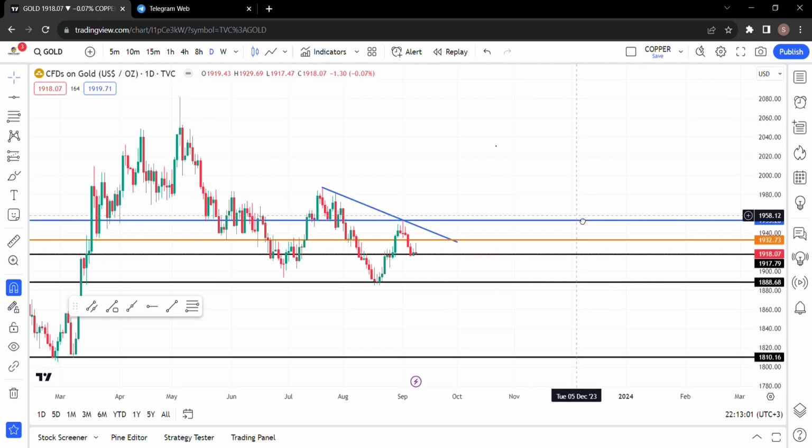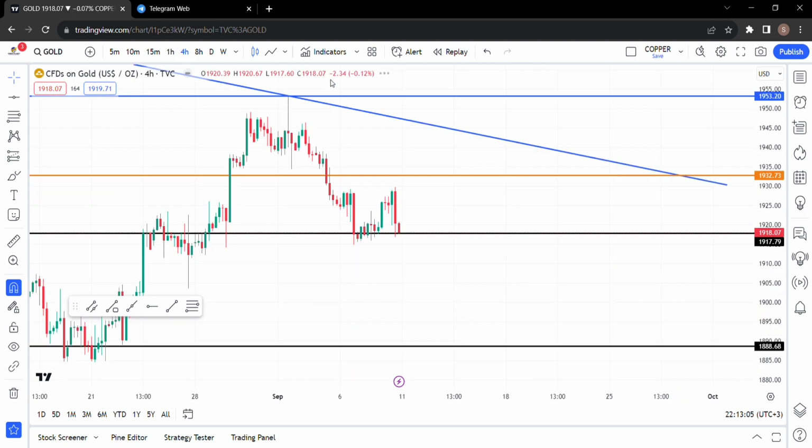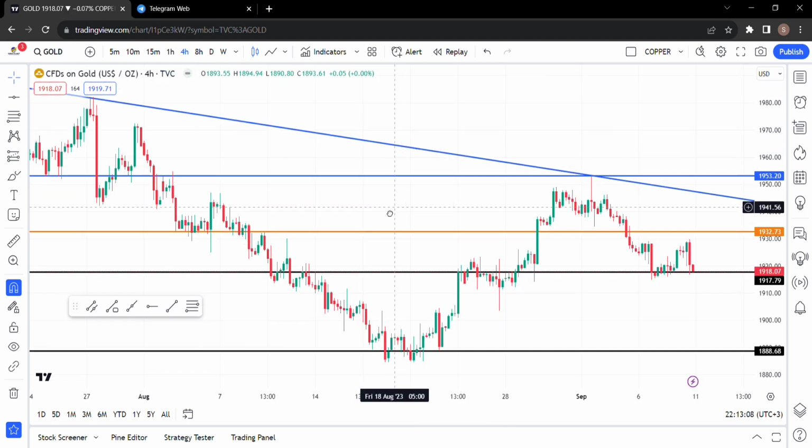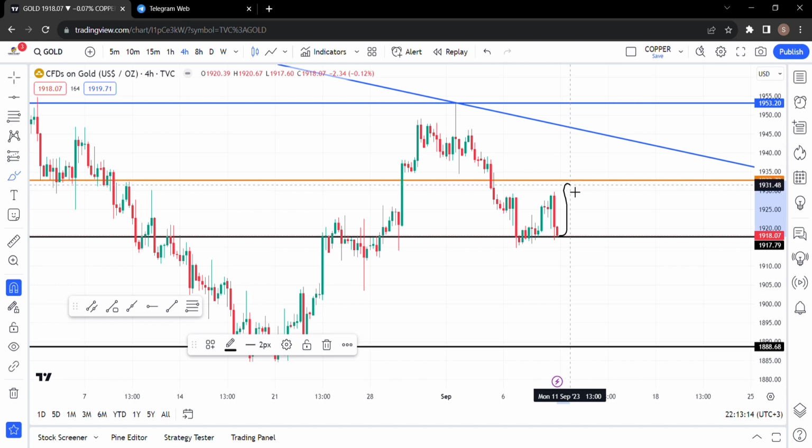So the short term result for this video is that don't buy gold. You can buy it for the short term. You can simply buy it for a retracement to that trend line, and then it will sell again. Buying gold by setting the stop loss of 1912 will be a suitable stop loss.